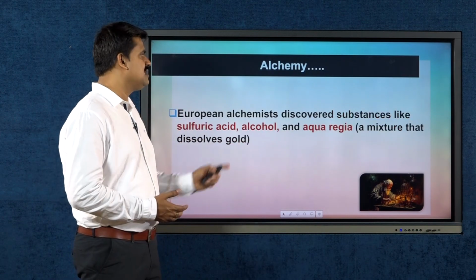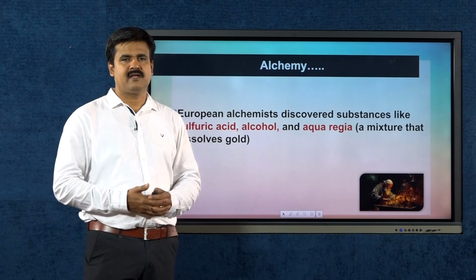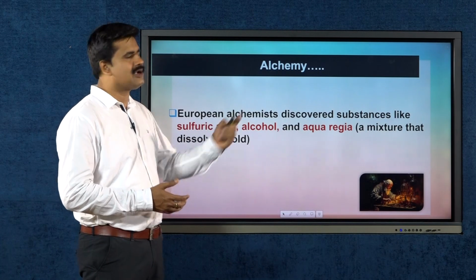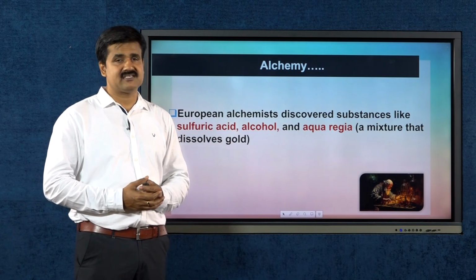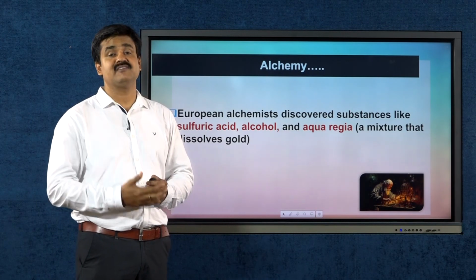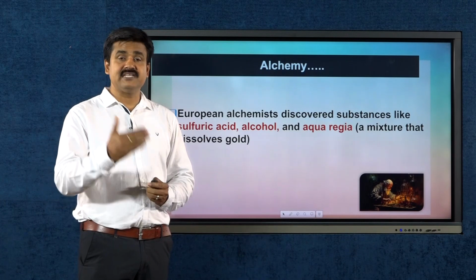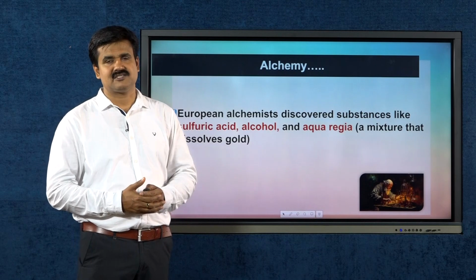European alchemists discovered substances like sulfuric acid, alcohol, and aqua regia. Aqua regia is a material you are familiar with. In recent days, it is used as a solvent to dissolve the metal gold. Aqua regia is a combination of nitric acid and hydrochloric acid.